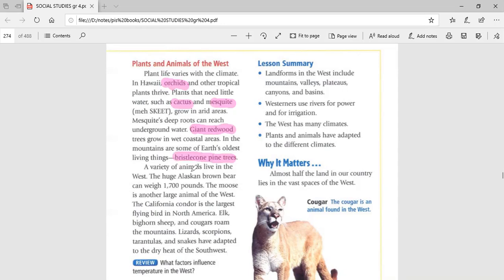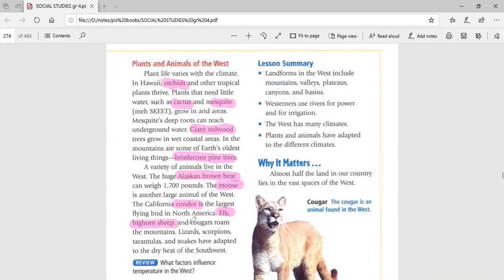What about animals? The most famous animals that live in the West: we have the Alaskan brown bear, the moose, a condor, which is a kind of bird, and elk. We have bighorn sheep.